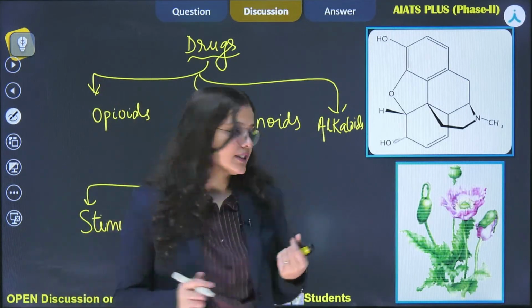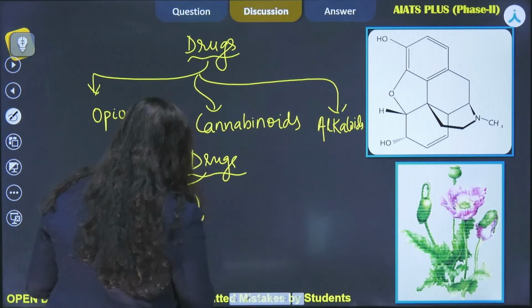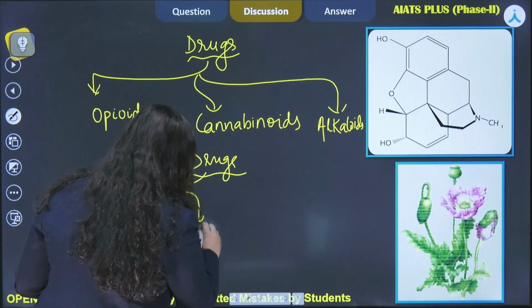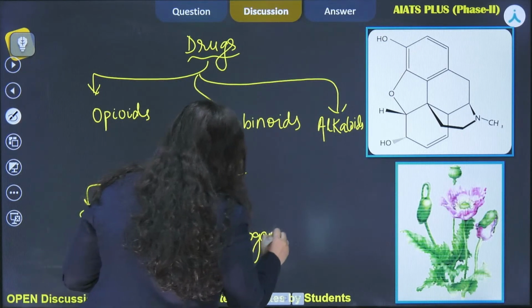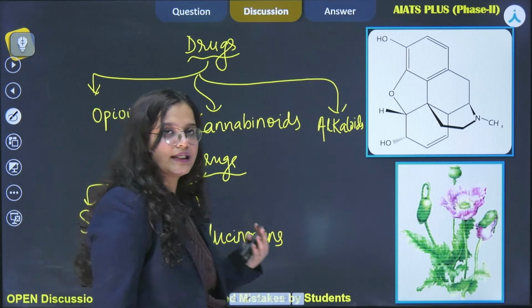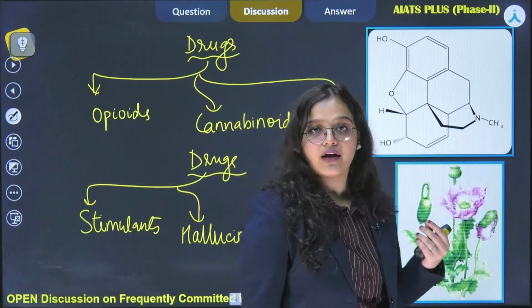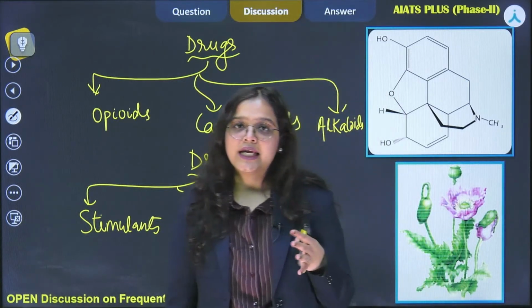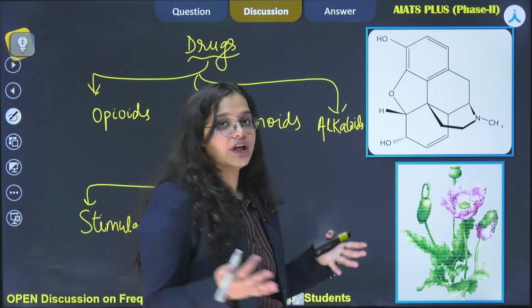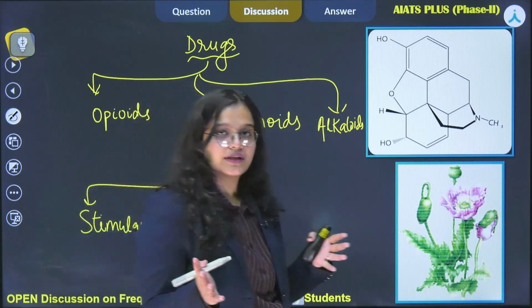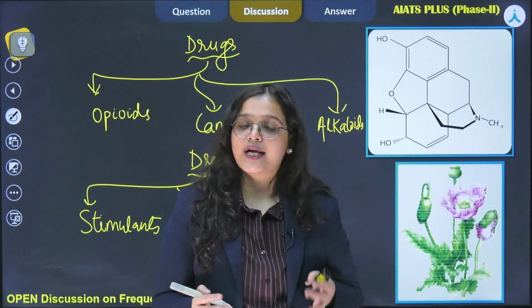There can be hallucinogens. Hallucinogens are basically drugs which alter our perception, the way we think, and they give us a sense of good feeling. So basically we are hallucinating, we are seeing things which do not exist.